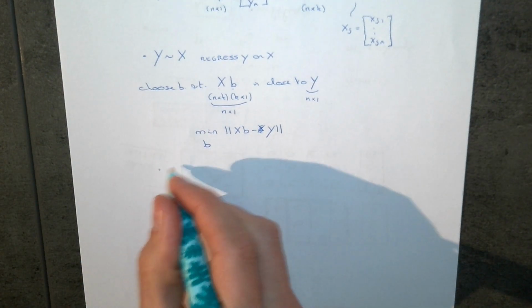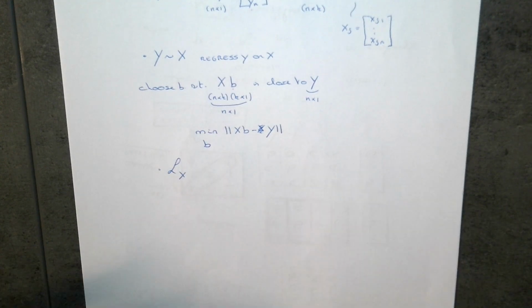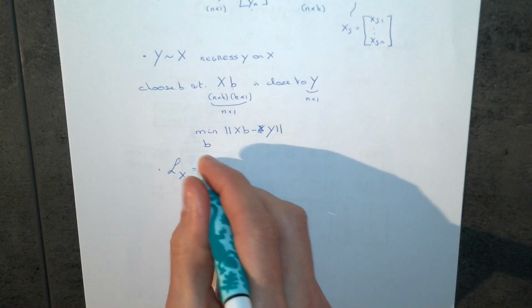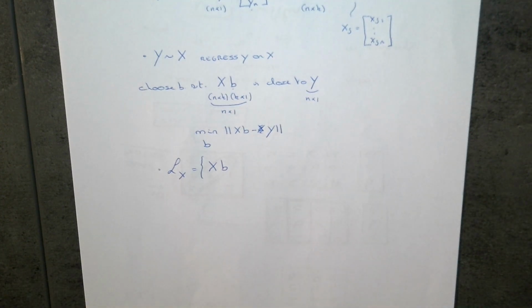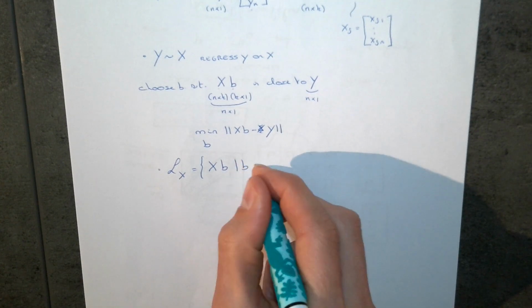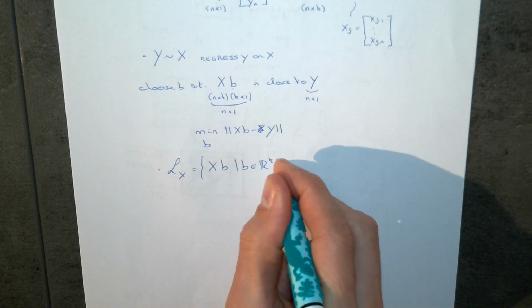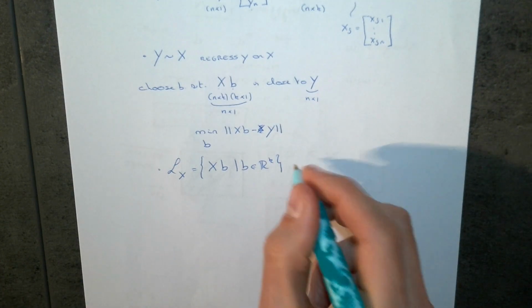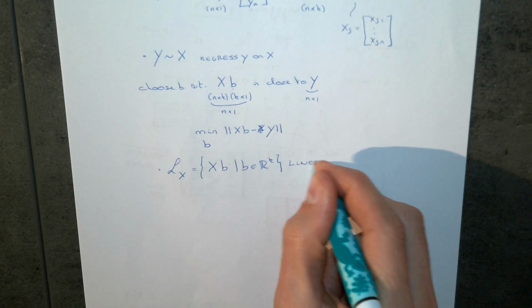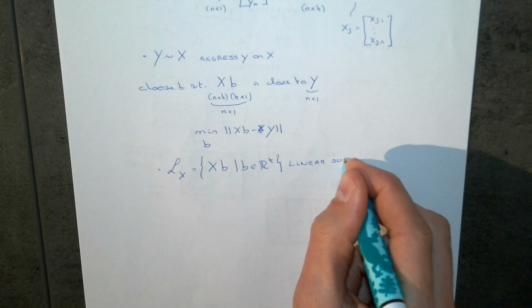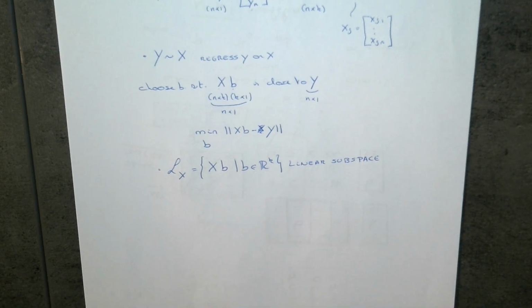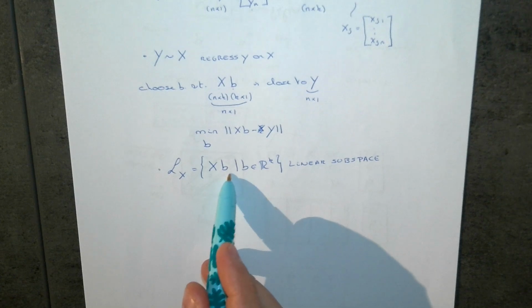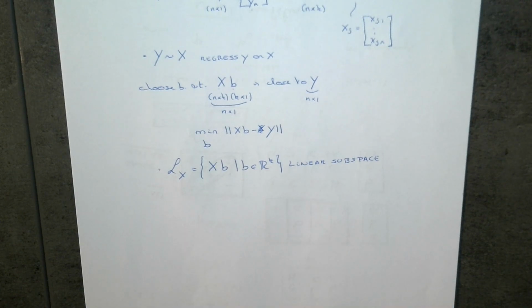So what we can do is we can look at the space Lx. This is a space of all linear combinations of the columns of x, where b ranges over Rk, and you see that this is a linear subspace. In a sense, all linear combinations of vectors here are also going to be in this set.